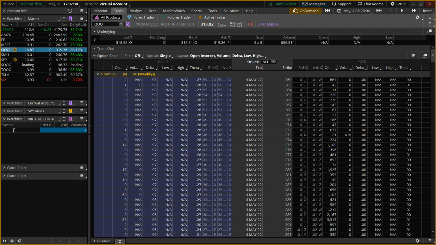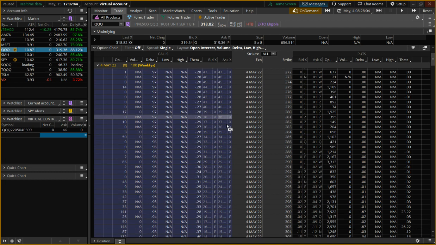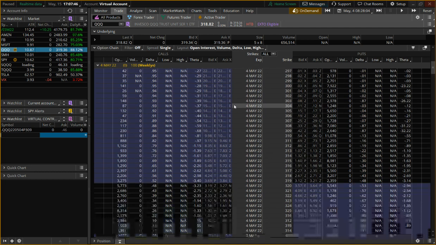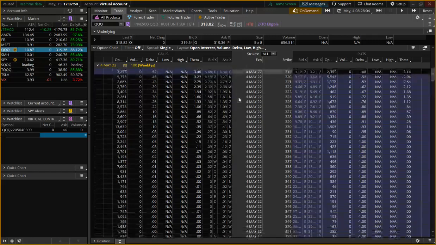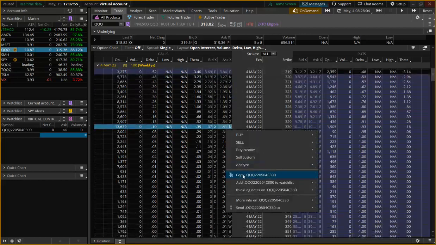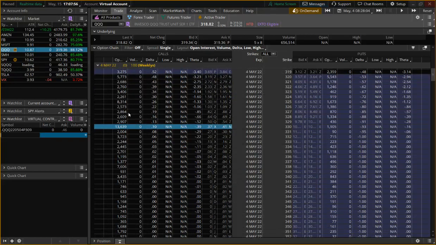So I have a watch list called contracts. And I will add 10 to 319, and that's about 330. So I will copy the 330 put. And when you do this, you can also see the open interest kind of lines up with the way I use this strategy.